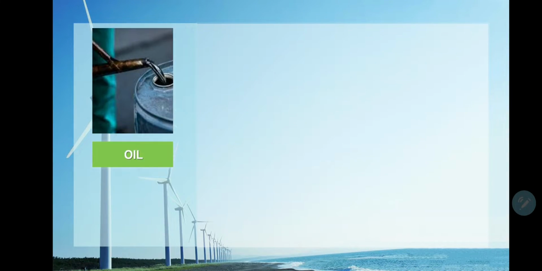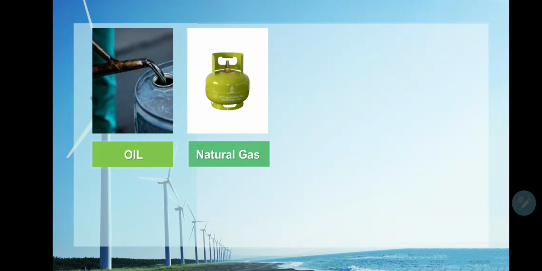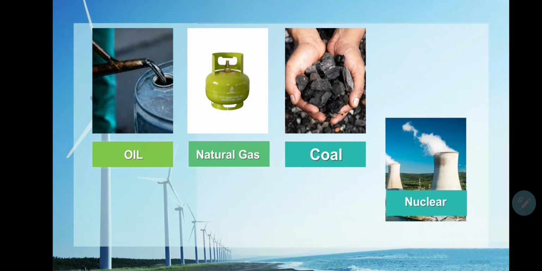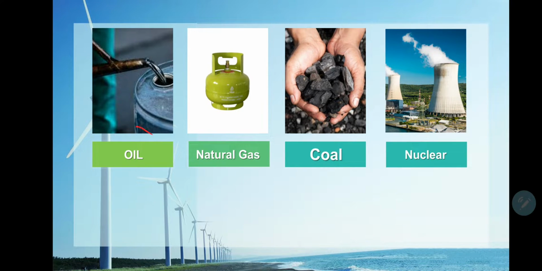Okay, the next one. These are examples of other energy sources. We mentioned oil, that is gasoline. You can also call this gasoline. The next one is natural gas, which is for cooking or the stove.